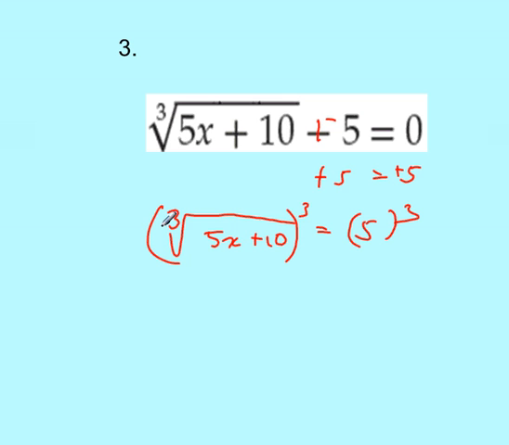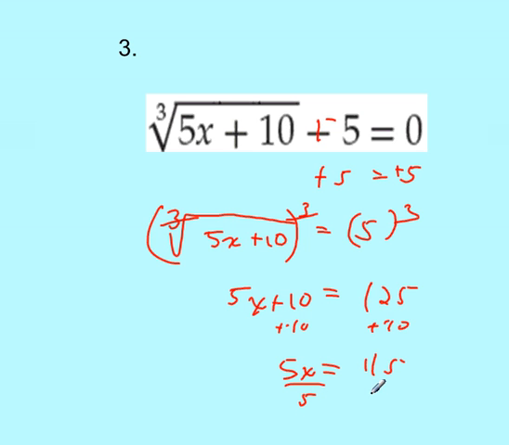These will cancel out and we'll just be left with 5x plus 10 is equal to 125. Now we add negative 10 to both sides, just go through that 2-step equation process, and get 115. Divide by 5, so 5 goes into 115 twenty-three times, so x is 23 for number 3.